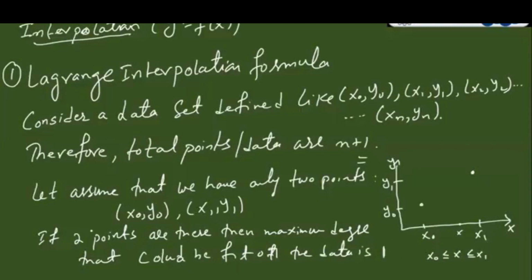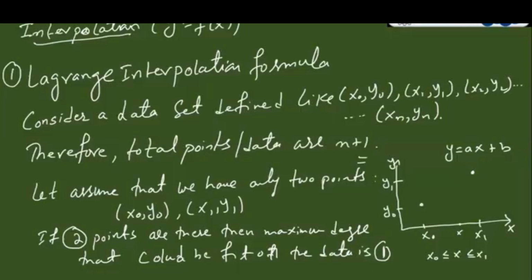So what's the relation? If you have 2 points, the maximum degree that you can use to represent this data set is 1. Degree 1 means a polynomial of degree 1, which is a straight line. For example, something like y equal to ax plus b. So if you have 2 points, the maximum degree is 1. You cannot fit other than that. Okay, so 2 points are there, so you can fit a degree 1.